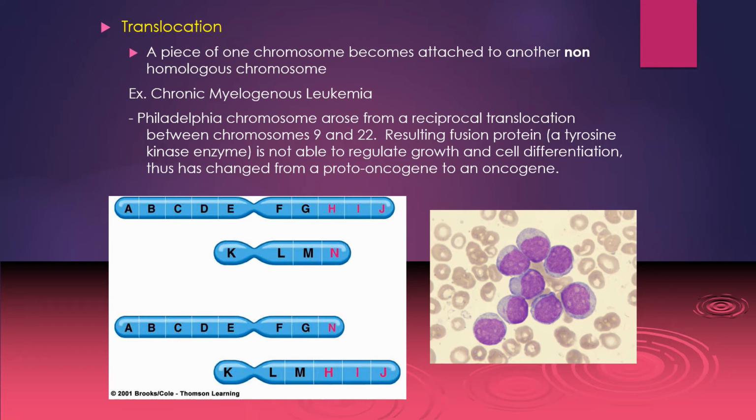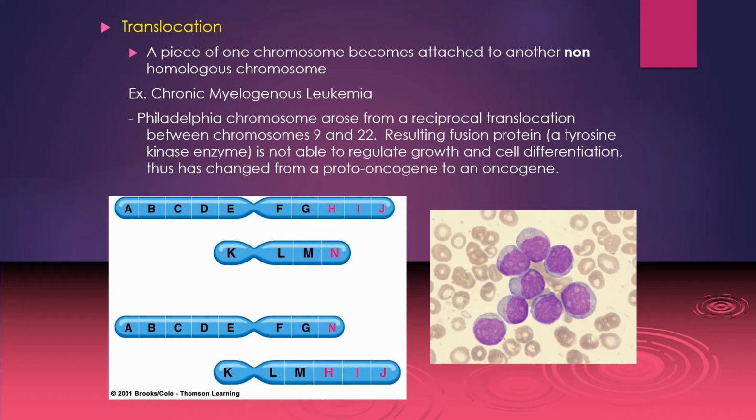But in certain cases, it can, that translocation may move a gene or some genes to a different spot where that's more active, for example, so we transcribe it more, or it could fuse maybe with another gene. So that's actually what happens when we talk about chronic myelocytic leukemia caused by the Philadelphia chromosome.